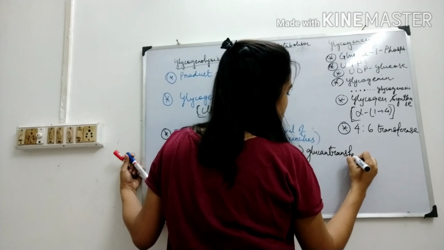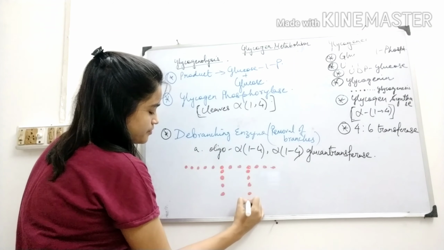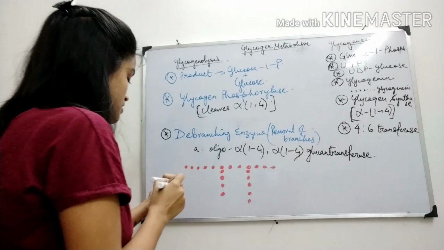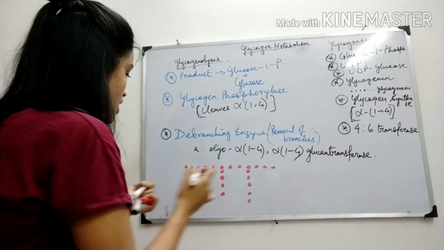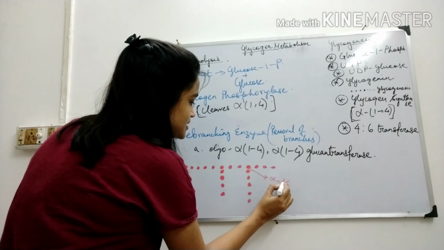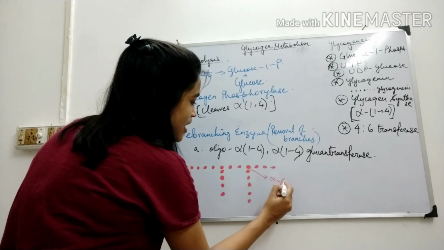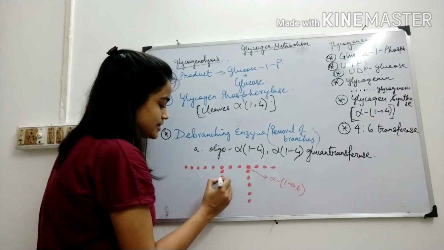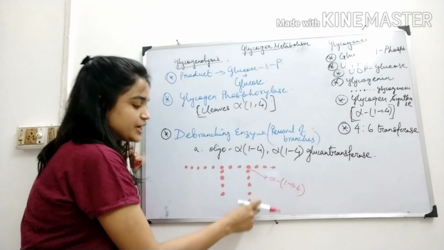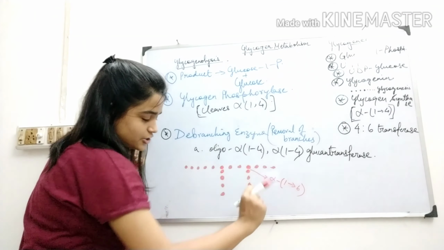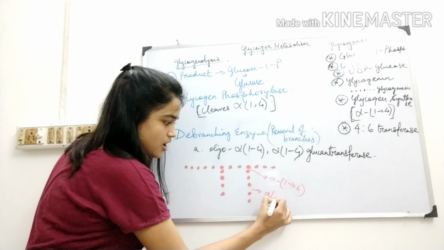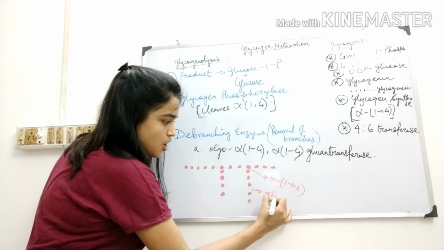Now from here, these are the branches. The bond between this glucose and this glucose has alpha 1,6 linkages, and in between the glucose units of the branched part they have alpha 1,4 linkages, which were extended by glycogen synthase.